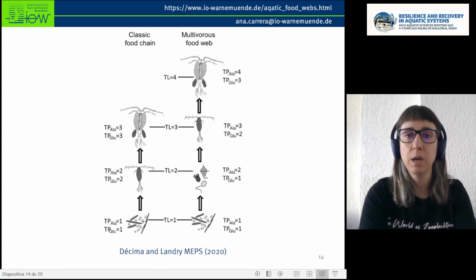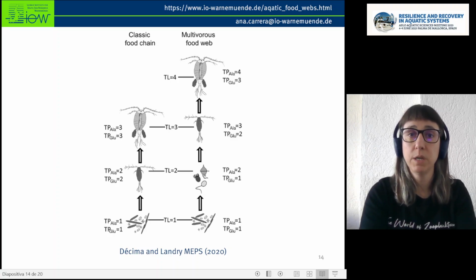So both alanine and glutamic acid will give you a TP of 1, and then they are grazed by microzooplankton. But we know that especially protists are more complex than that. There's the possibility that some protists are heterotrophs, and therefore they are basically occupying the space of grazers, the first step of herbivores.